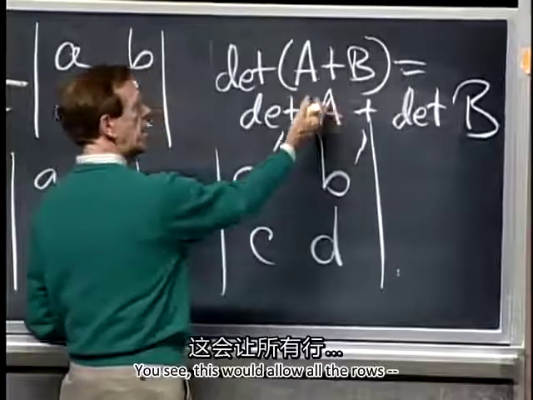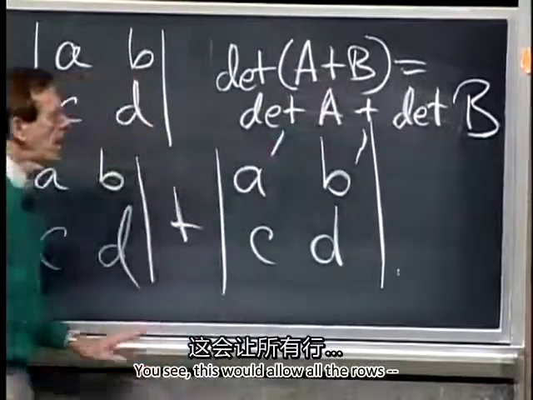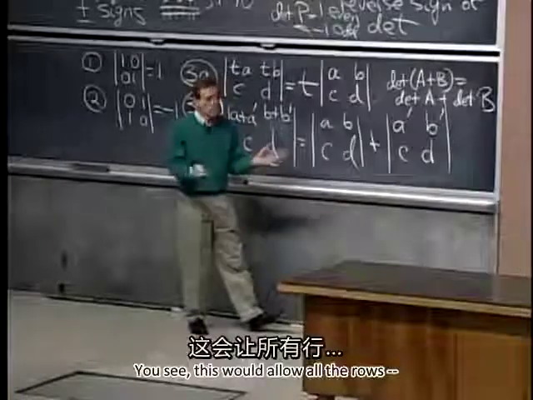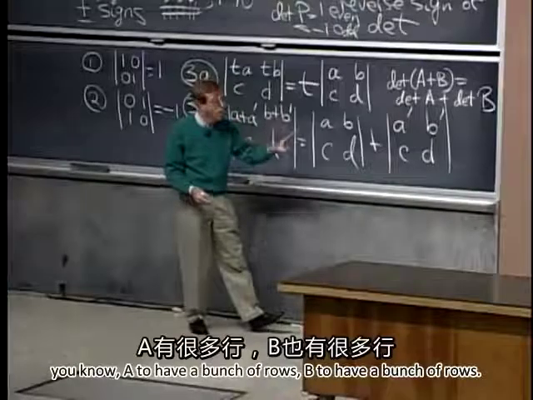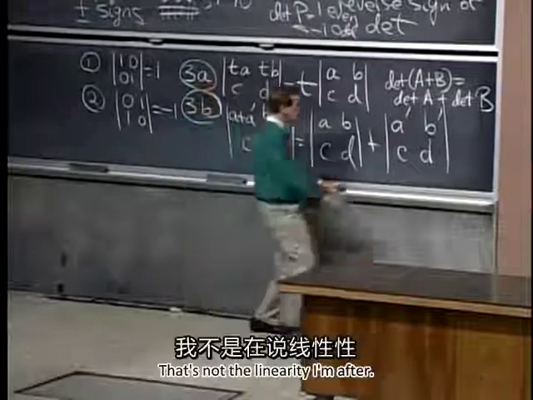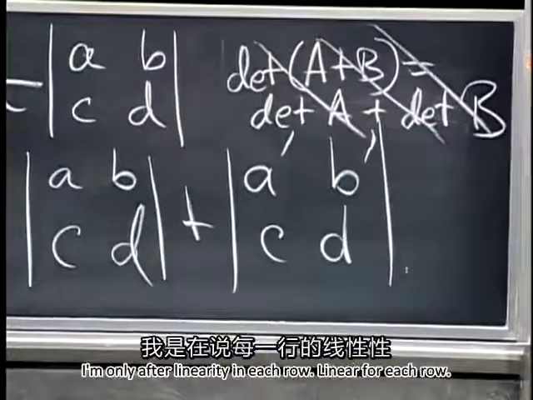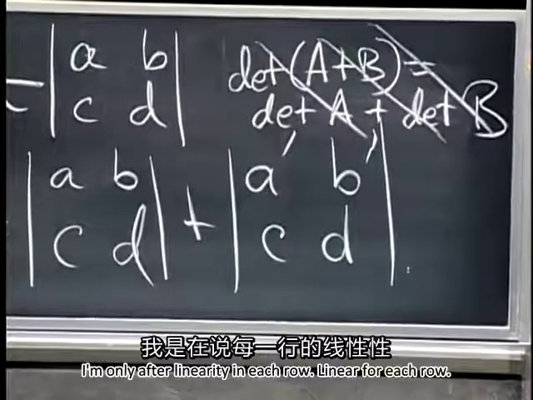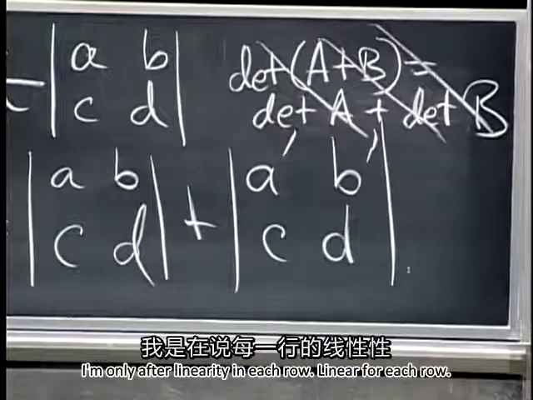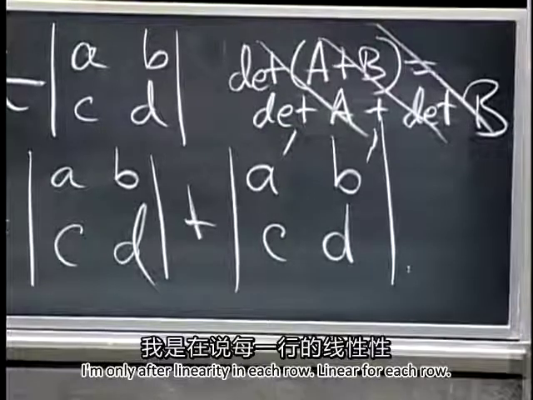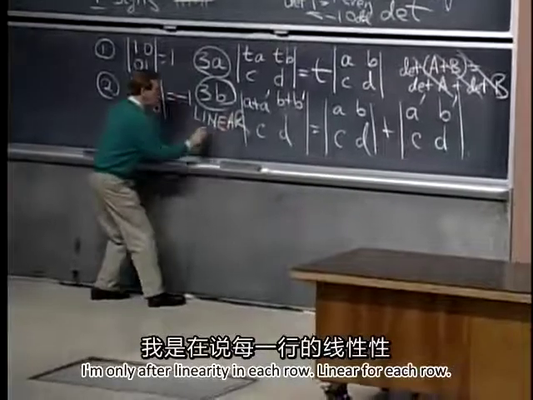You see, this would allow all the rows, A to have a bunch of rows, B to have a bunch of rows. That's not the linearity I'm after. I'm only after linearity in each row.